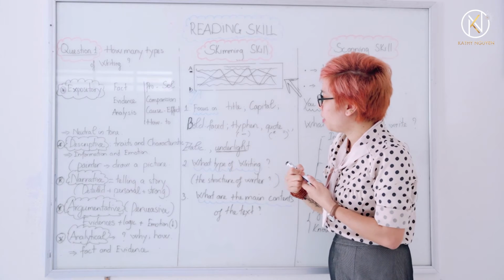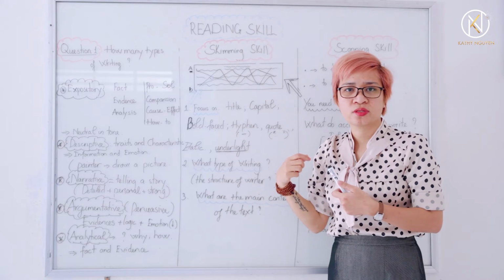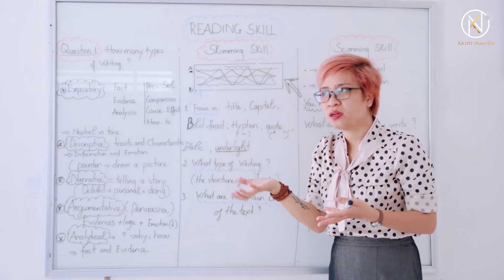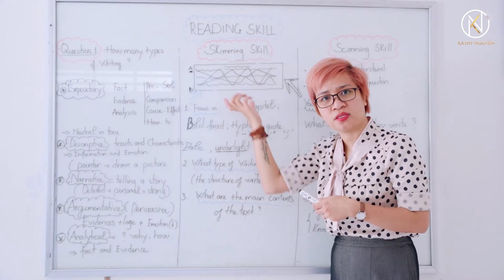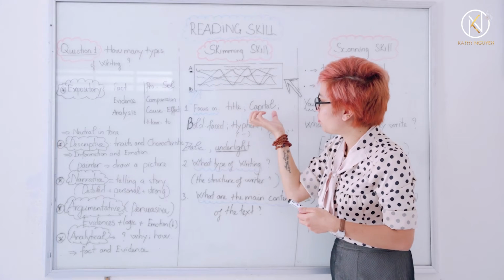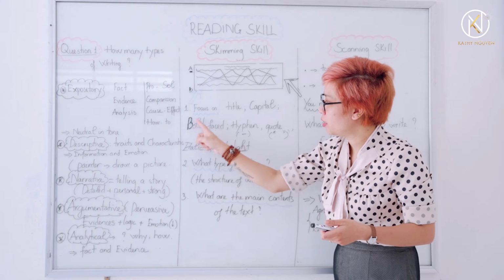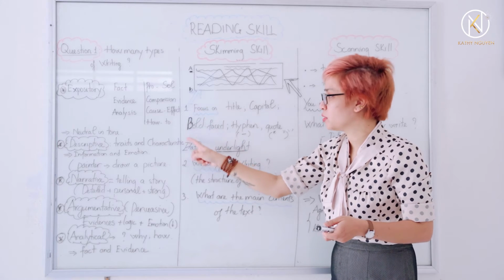I highly recommend you focus on the title and, of course, capital letters. If they are capitalized, that means it's a very important content of this text or article, okay? So you need to focus on this and on bold-faced text, like in Microsoft Word.